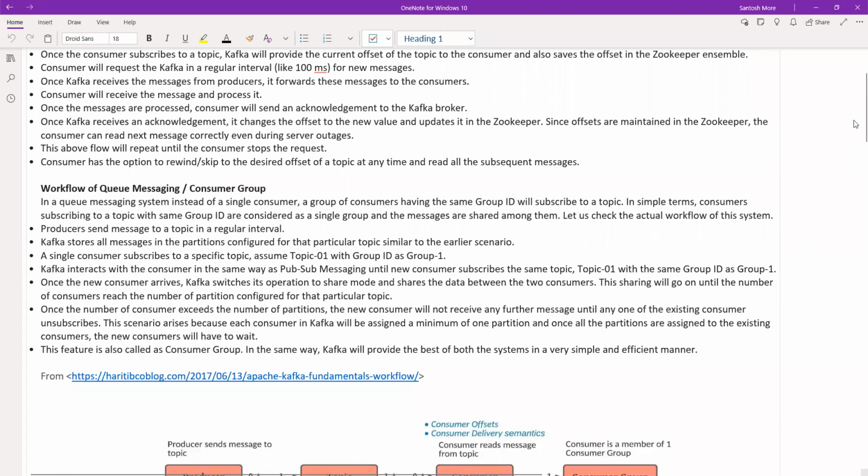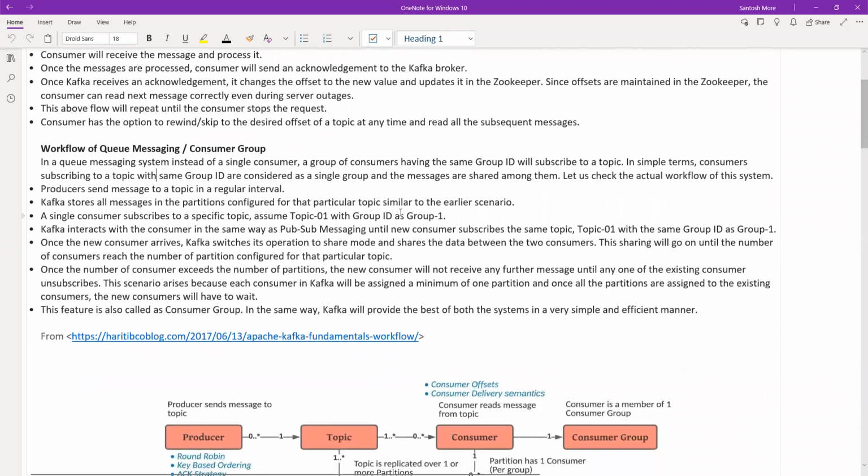Now if you look at the flow, we all know that in Kafka the consumer works on a pull-based approach. First, the producer sends messages to a topic at regular intervals, as we discussed earlier. Kafka stores all the messages in the partitions configured for the topic.